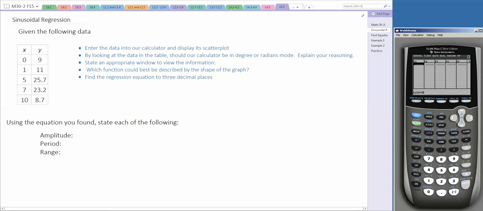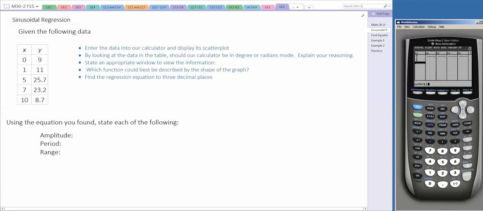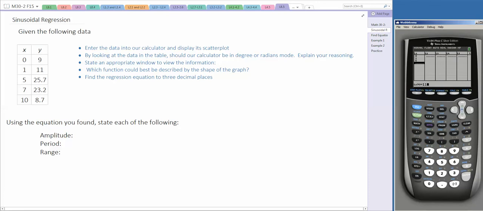So we have 0, 1, 5, oh, I don't know where I got 11 from. Oh, 5, 7 is the next one. So let's clear that. Seven and 10.